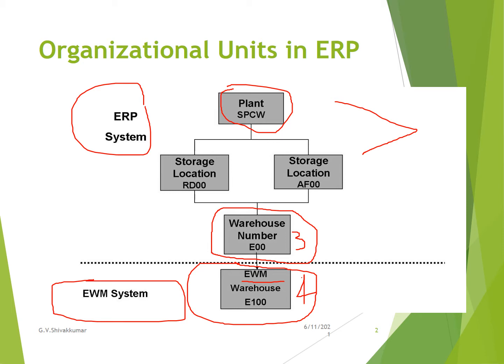ECC is the front-end system for all the inventory and accounting features, and EWM is purely dedicated to warehouse functionality. The accounting and costing, all related to materials and production, are normally taken care of by the ECC system.